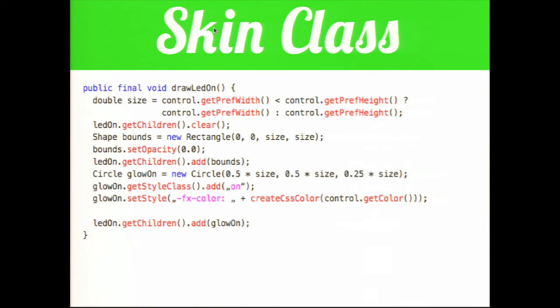Right? So before I used just stack panes. And this makes sense if you use a path, for example, and you would like to animate certain points of this path, so that you could only do in code and not in CSS.